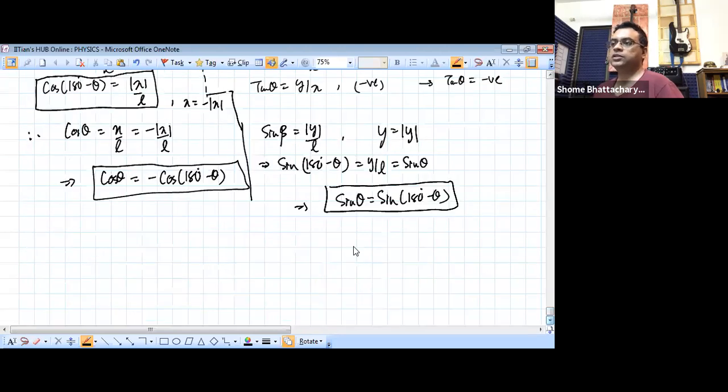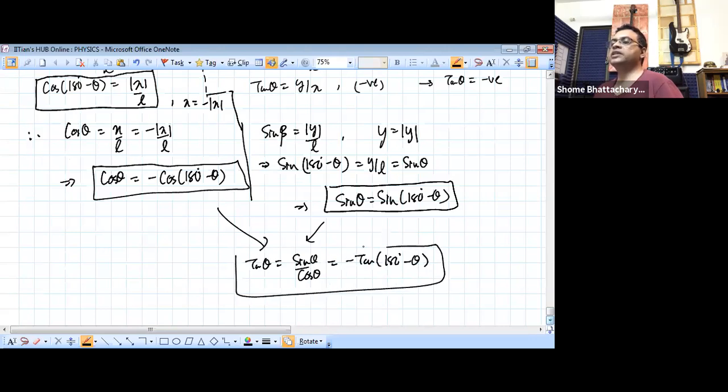Now from this you can see, divide the two. So tan theta becomes sine theta by cos theta, which is the same thing as minus tan of 180 minus theta. So that's how for the second quadrant we have the formula.